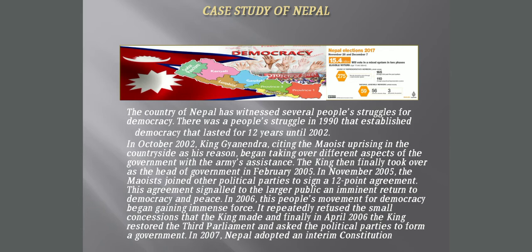The monarchy wanted to rule over everything and throughout the years of its rule was never willing to share. So the establishment of democracy happened in different phases in Nepal.